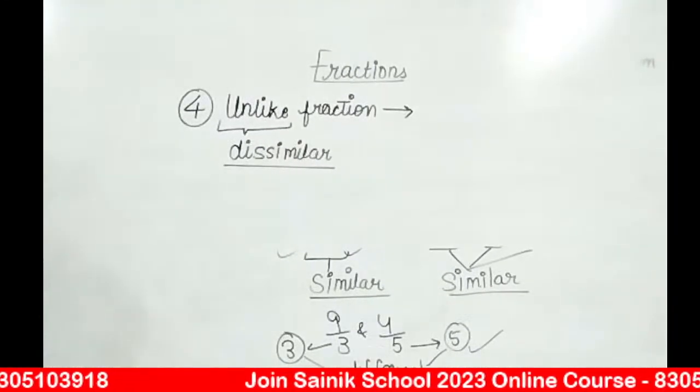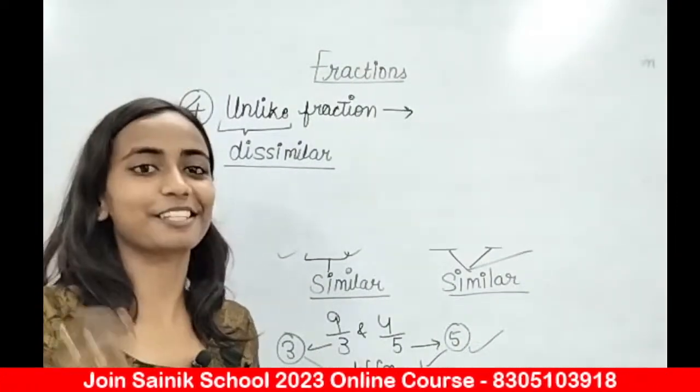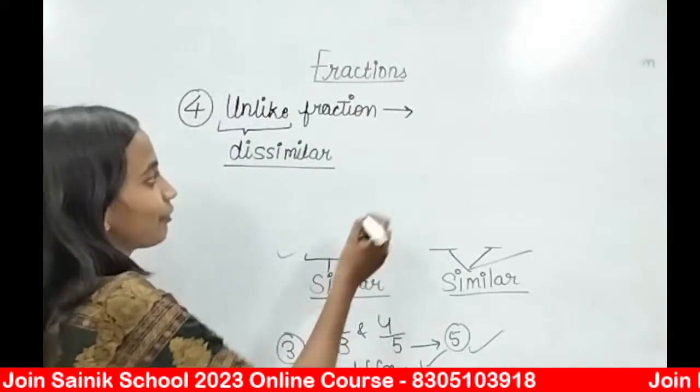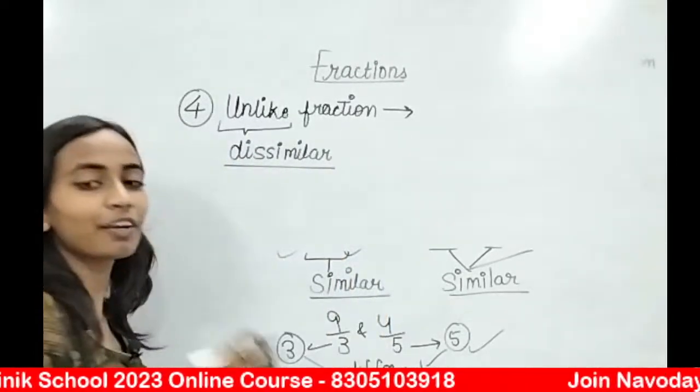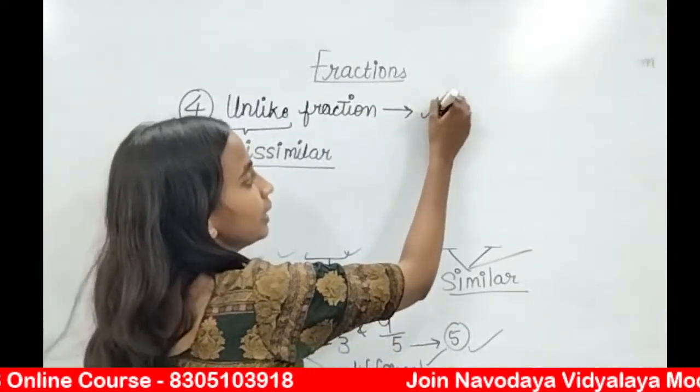Unlike fractions are those fractions which have different denominators, just the opposite of like fractions. Unlike fractions are those fractions which have different denominators. So how can we define them?